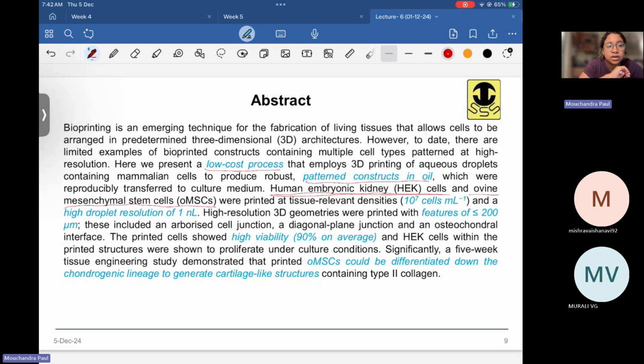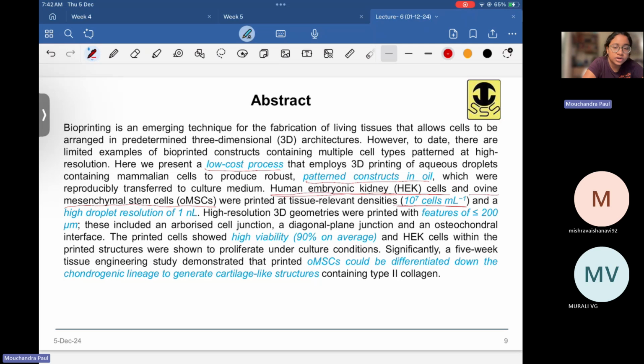You need that many cells to make a tissue, because that is the cell number you find in your native tissue. So the cell number that they have used is at the same level as the cell number already found in our native tissue. So remember this as well.